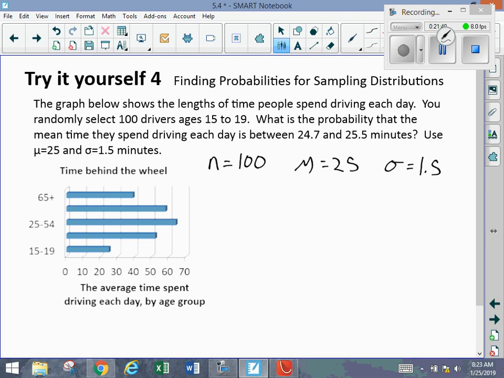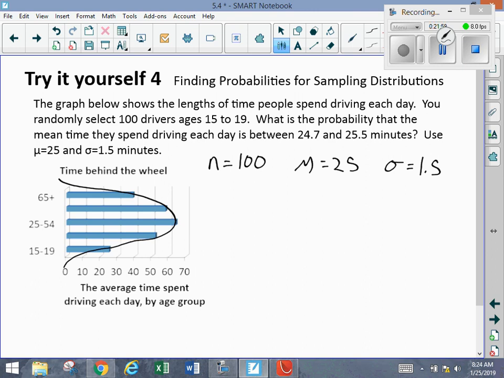So what we're being asked, and because of this graph, since it looks fairly symmetric, we're going to assume that it's approximately normal so that we can go ahead and use a normal calculation.